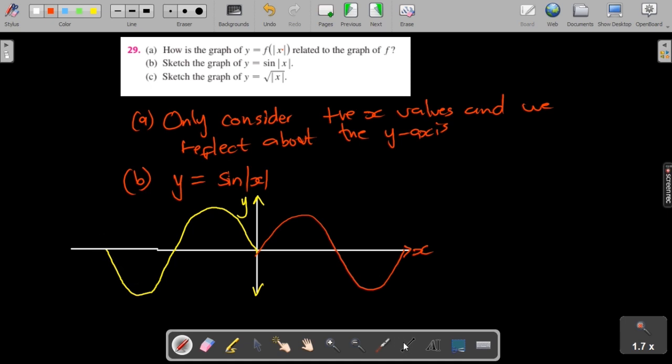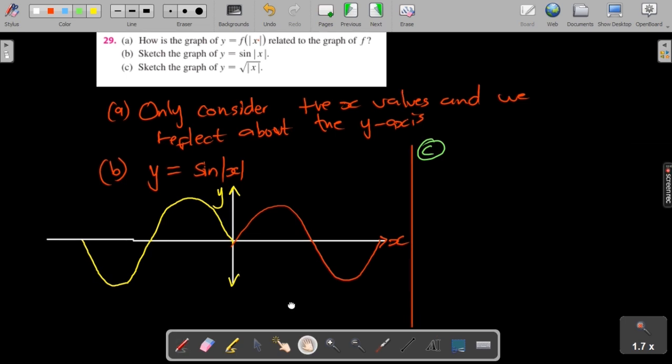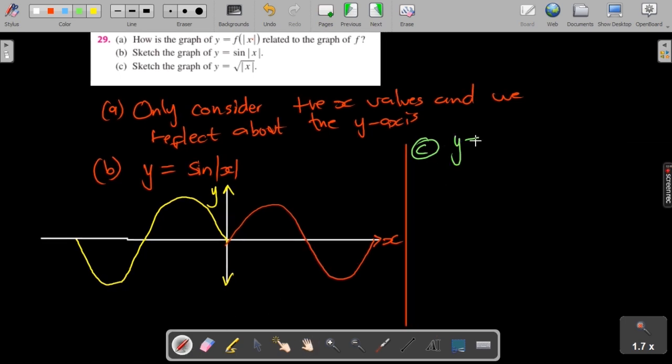And the same applies to the last question that asks us to sketch y equals the square root of the absolute value of x. So we know that the square root of x, I just drew it not so long ago, but I'll do it again, would look like this.